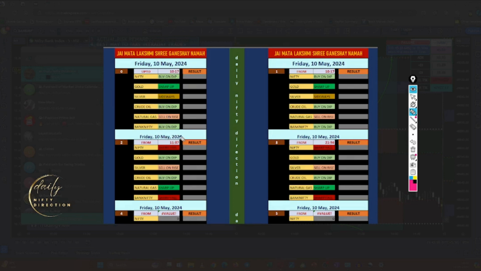And later, if you see what the major duration of the direction is, let us say sell on rise is for, let us say, 4 hours, and buy for only 1.5 hours.